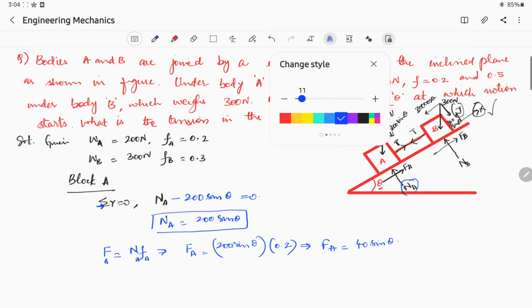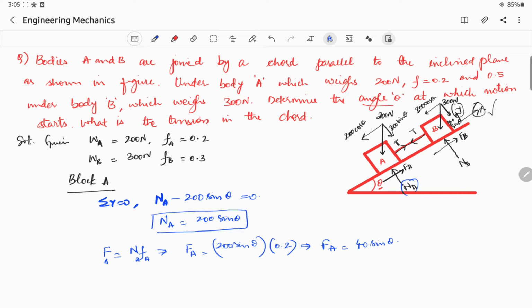After this one, we'll go for block A. Let me mark this one also in blue color. So sigma x, sigma y is 0, these are the three important steps: sigma y is equal to 0, f is equal to nf, and third step is sigma x is equal to 0.